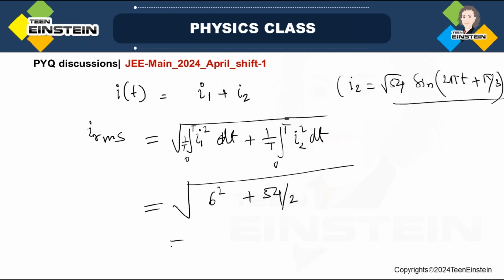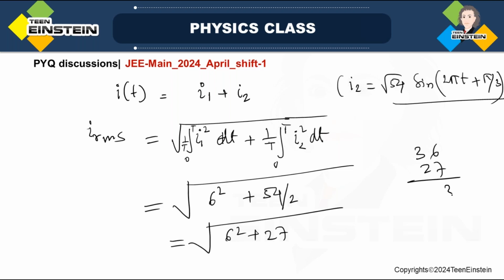Okay, look then what we get here: 6 square plus 27, that is 36 plus 27, so 63. Square root of 63, that means 3 into, sorry, 3√7. So this is the RMS value, 3√7 ampere.